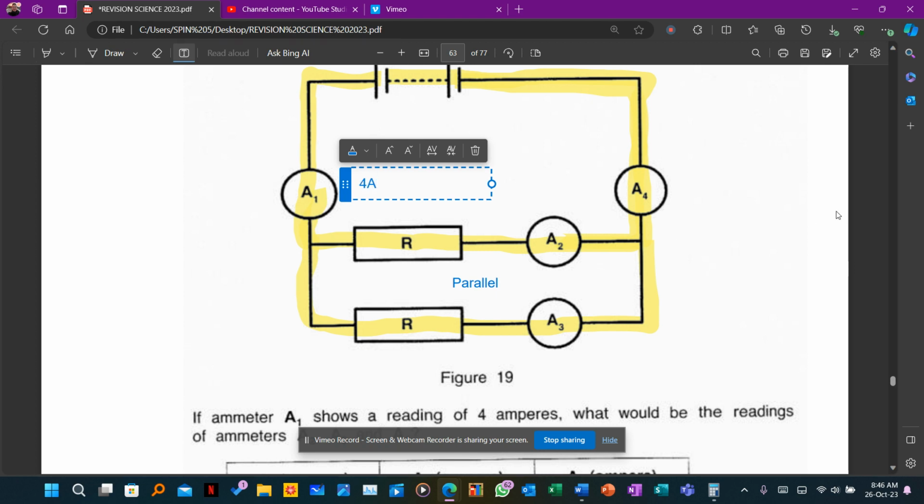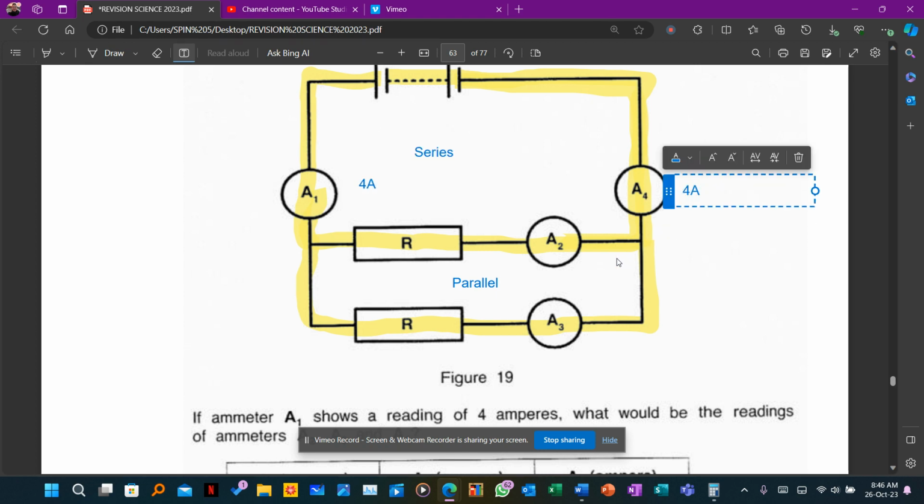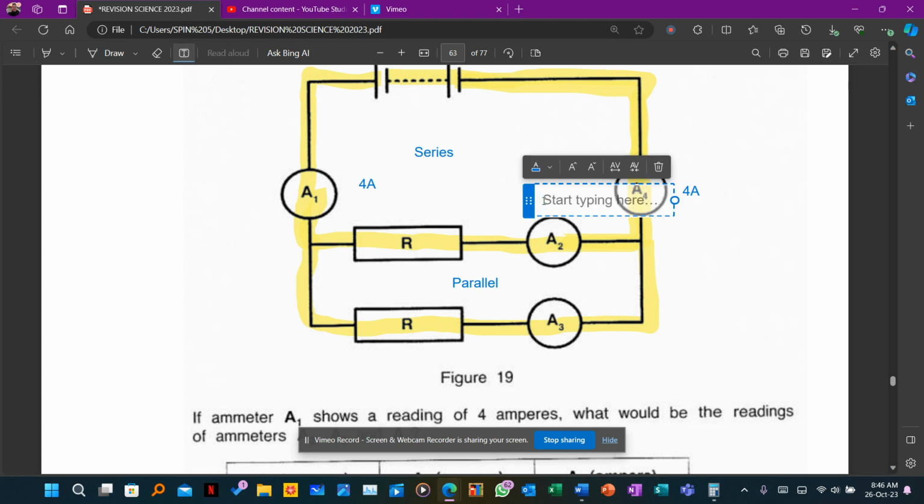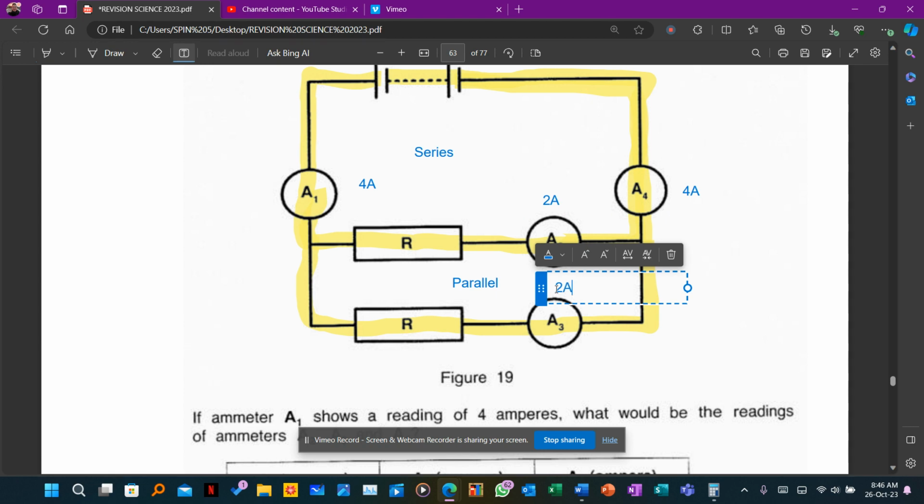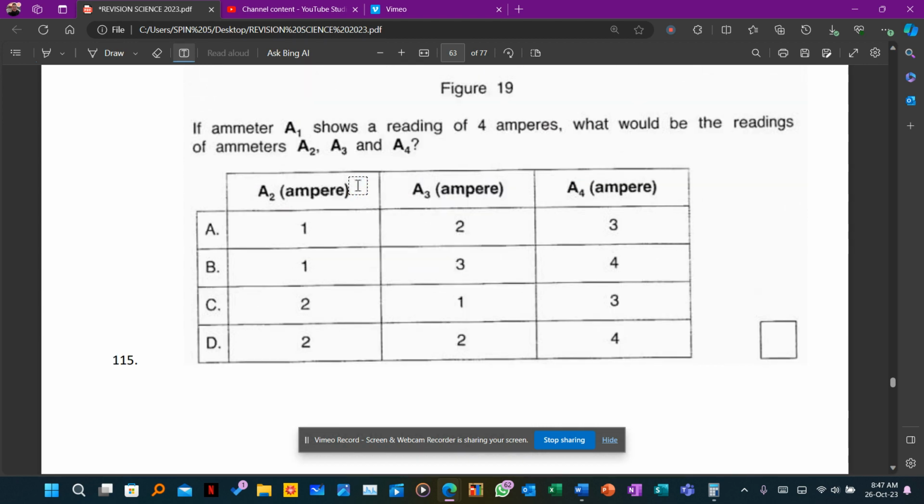So you have to have an understanding of this to answer it properly. Like I said, if it doesn't mention the value, it should be similar: 4A when it's full, 2A when it divides into separate parallel circuits, then when it goes back to normal, it becomes 4A again.